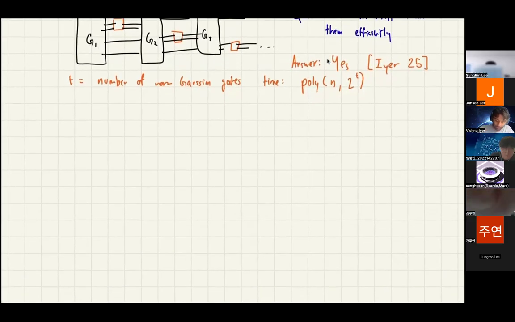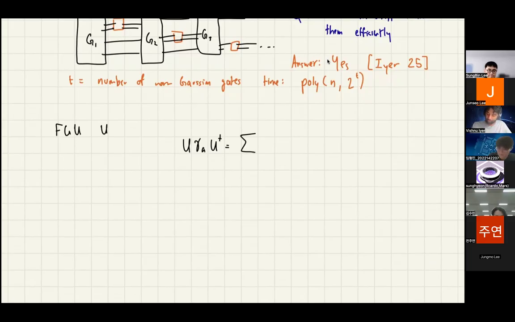Here is one way we can think about it. We know that for an FGU U, U Majorana A dagger equals the sum over B from 1 to 2n of M sub A B Majorana B, and that M is an orthogonal matrix.